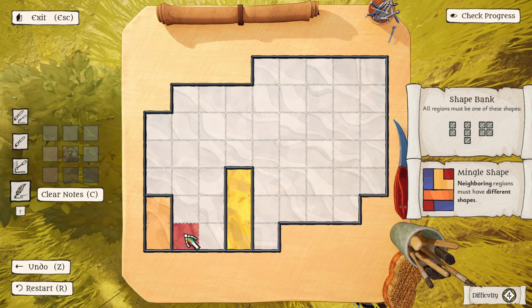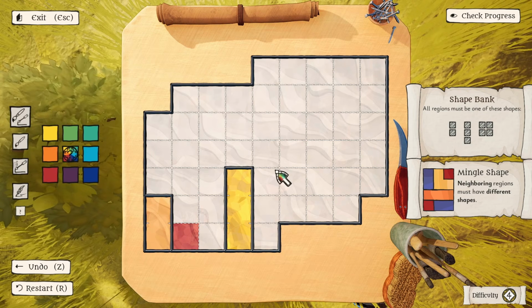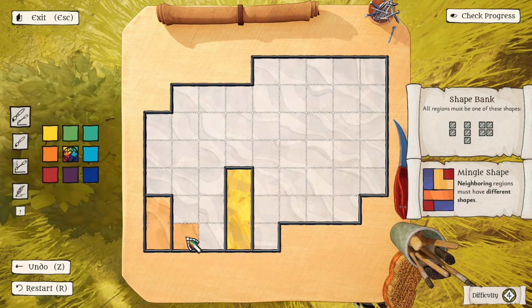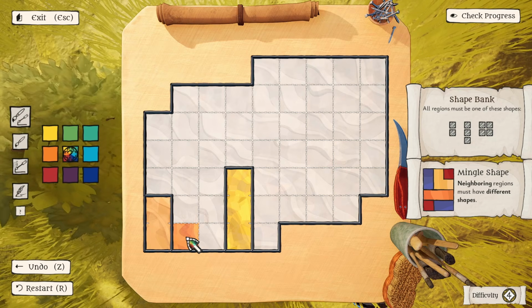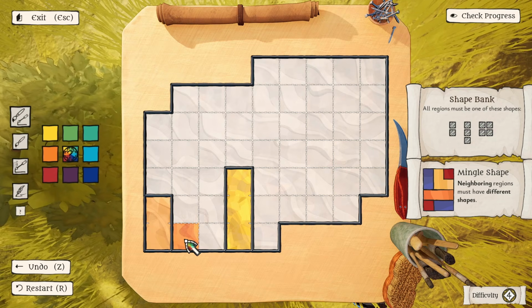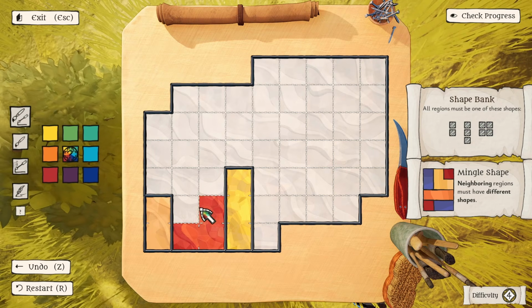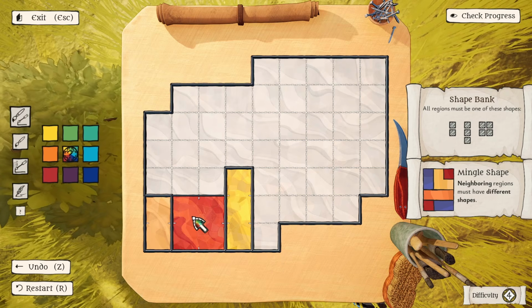So this is not a 2 and it's not a 3. There.